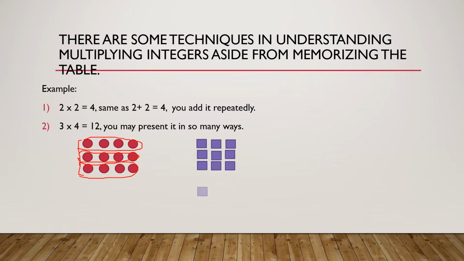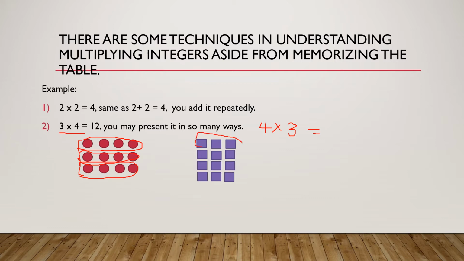Okay, next. This is the second part. So we have here squares, no? This 3 times 4 is the same also as 4 times 3, no? And you get the same product. How is that? So here we have 4 groups of 3.